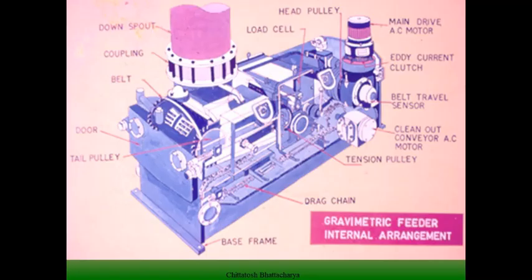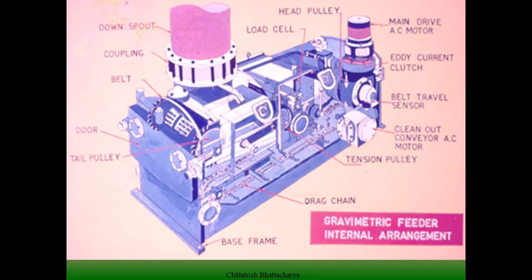Let us see the gravimetric feeder internal arrangement now. In the gravimetric feeder, we have two pulleys. One pulley is actually attached to the driving arrangement, and the tail pulley is the non-driving arrangement, and these pulleys are running the belt, and there is a tensioning pulley that is giving the belt tension.